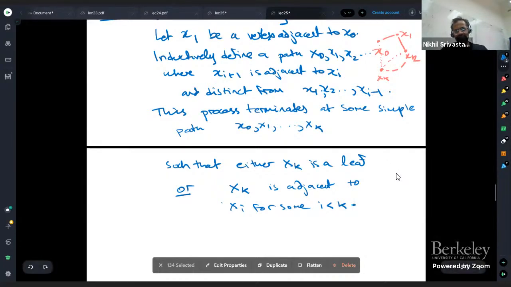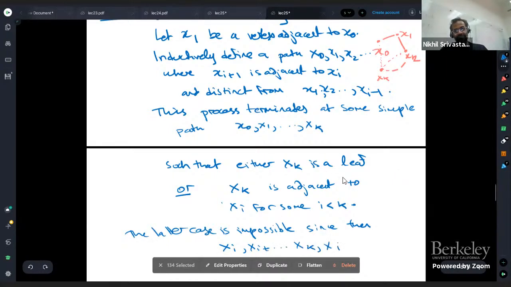But now this latter case is impossible, since then x_i, x_{i+1}, going all the way up to xk, would be a simple cycle in the tree.